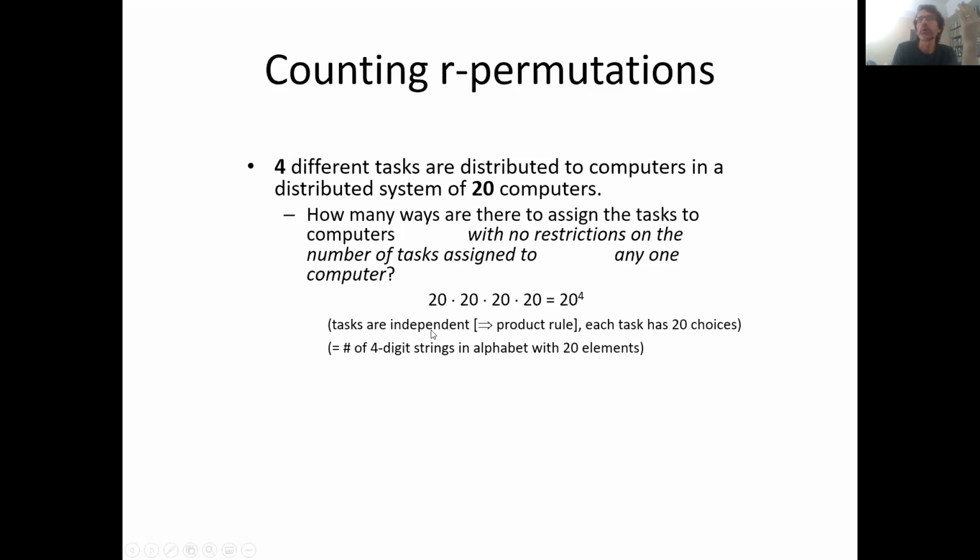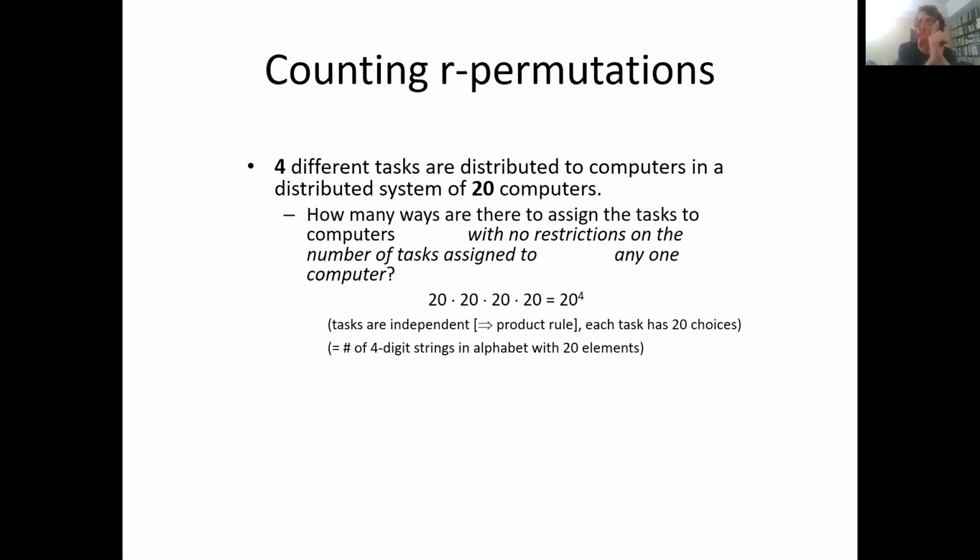Another way to think of this is as the number of 4-character strings in an alphabet of 20, because you have 4 tasks, and the first character in the string corresponds to the index of the computer.